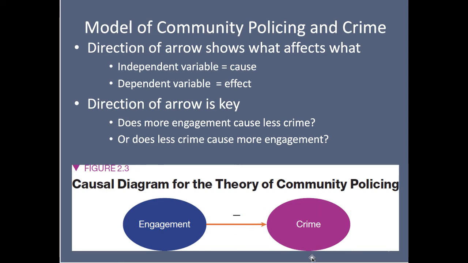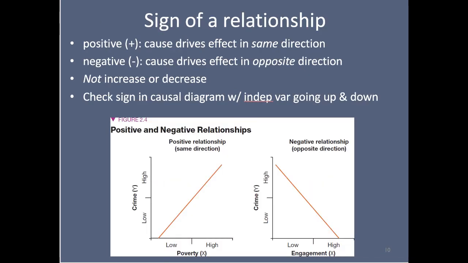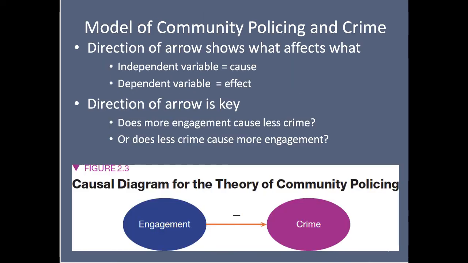It means that crime moves in the opposite direction of engagement. So again, a positive sign means the cause drives the effect in the same direction. Negative means an opposite direction. It's really hard. People think plus it goes up, minus goes down. No, that's not true. And always check the relationships in both directions. So in this case, more engagement, less crime, less engagement, more crime.